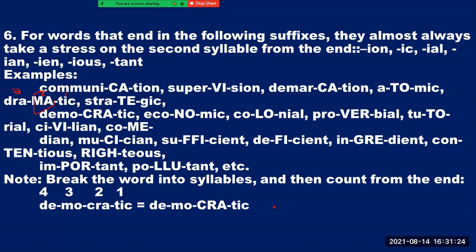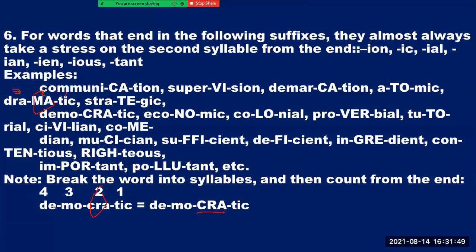Now, the same thing happens. Let's look at the word democratic. You can see here that we begin here: 1, 2, 3, 4. And so we place stress on the second one from the end of the word, and that is why we have it here. So it's a clear rule.